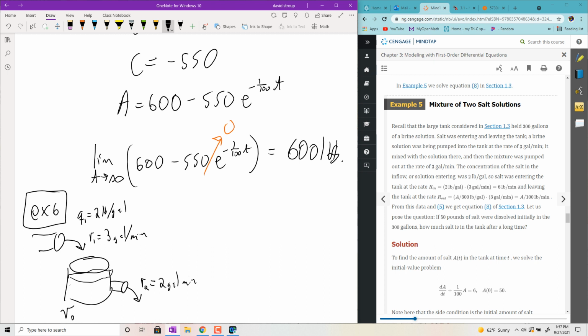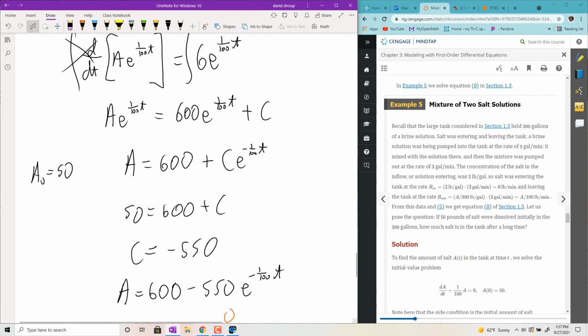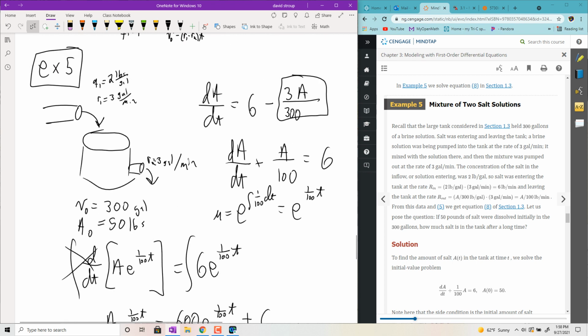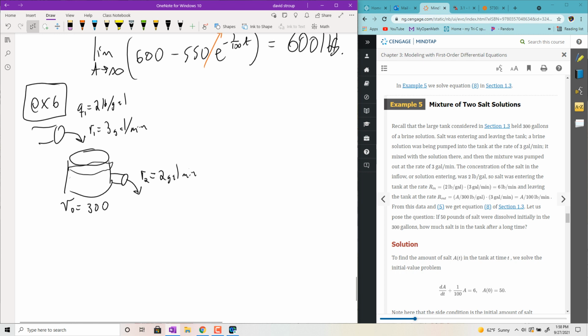And V sub 0 is 300. The big difference now is going to be this term here, and the denominator especially. Before, because the rate in and the rate out were the same, there wasn't any variable part in the denominator. But now there's going to be, and that's going to make our life a lot harder.